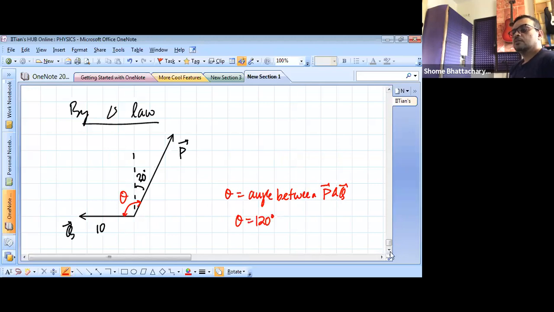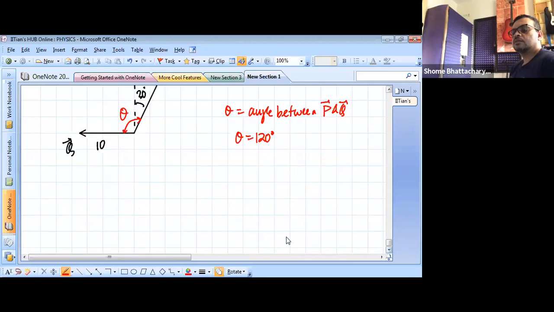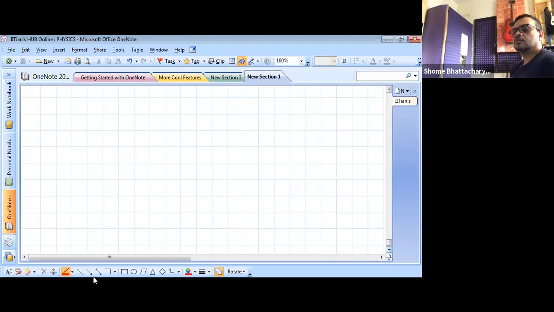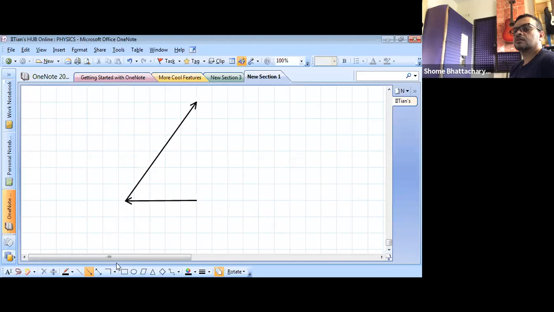Okay. So therefore, the condition for R to be perpendicular to Q is like this, that when we draw Q like this, we have to draw P like this. We have to draw them head to tail because we are making use of triangle law.